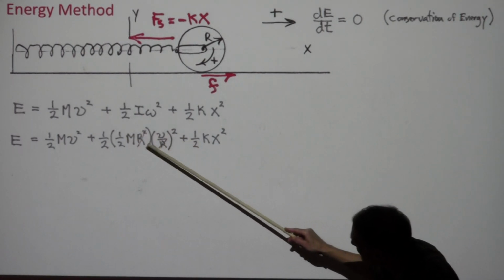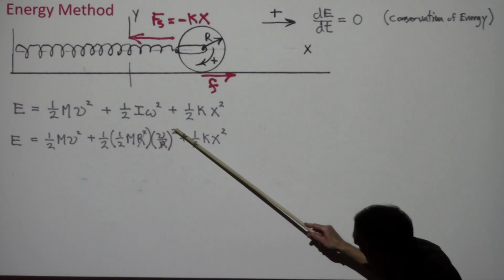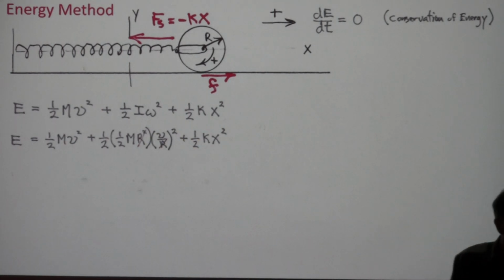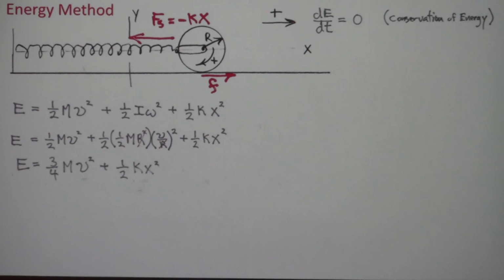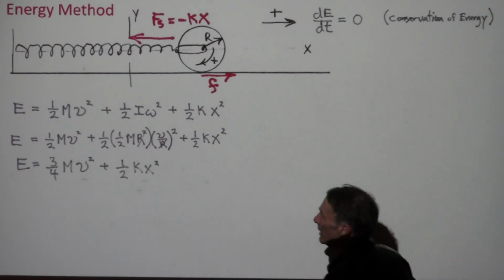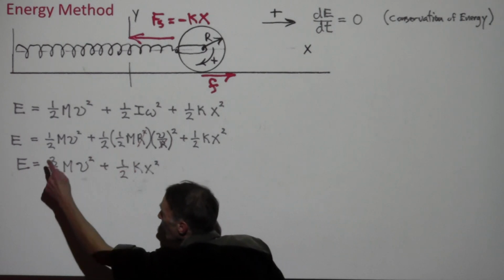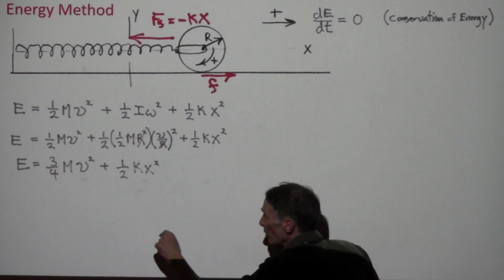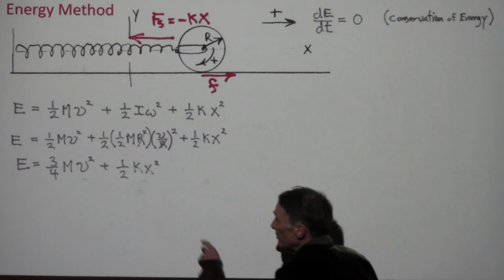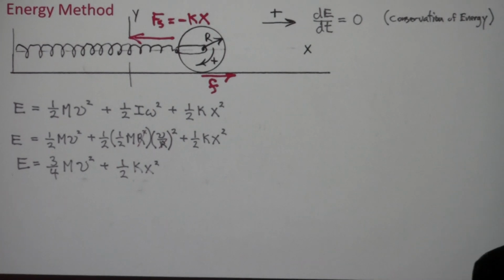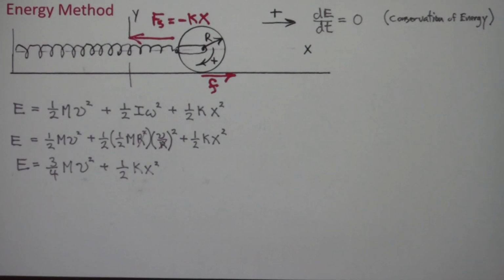Typically these r's end up canceling. We get an r squared here, we get another one there, and they will cancel. And then that just simplifies. You end up with a 1/4 mv squared, along with a 1/2 gives you a 3/4 mv squared, plus the potential energy. That's your kinetic energy, your total energy.